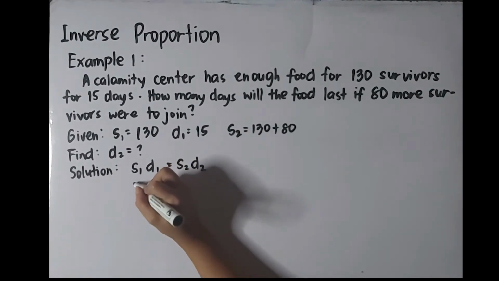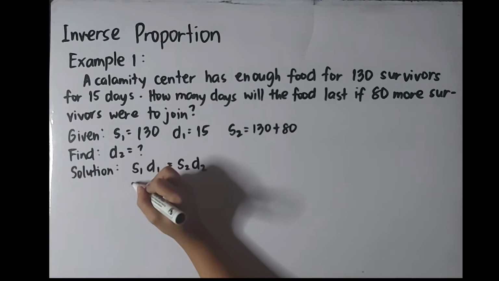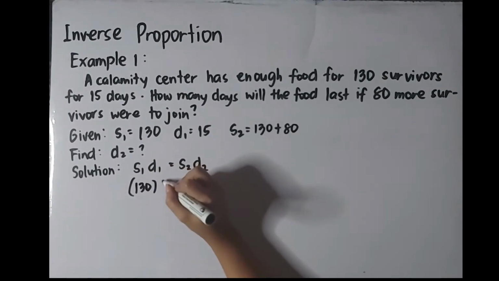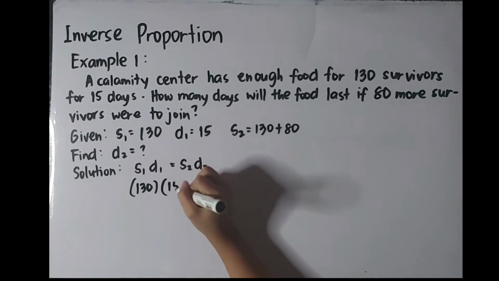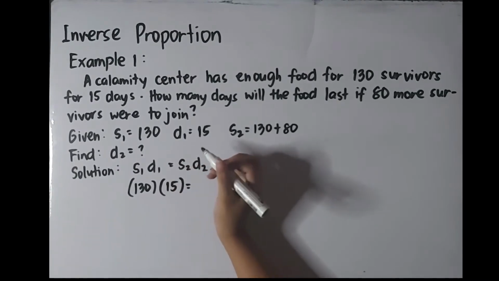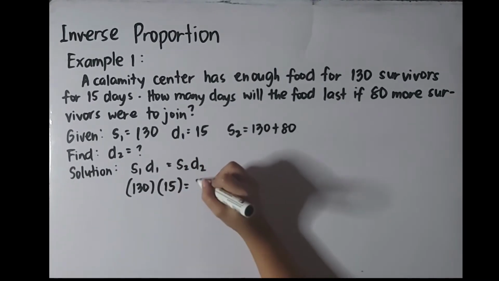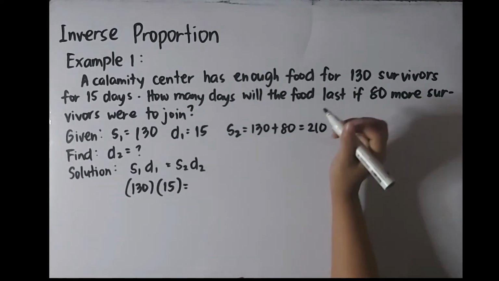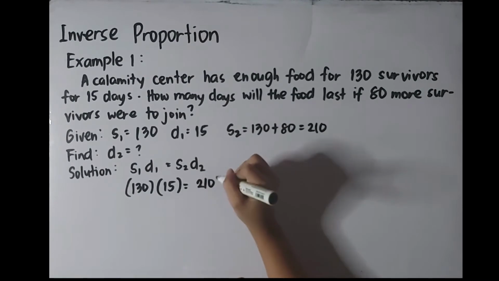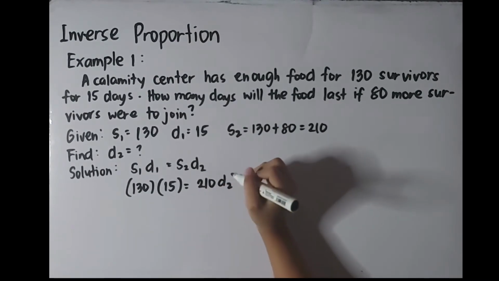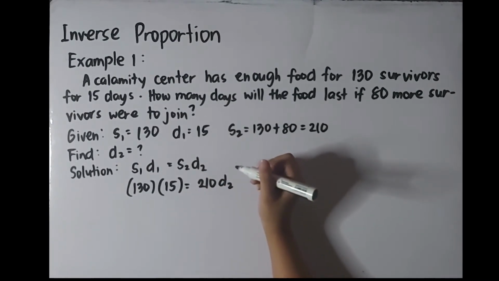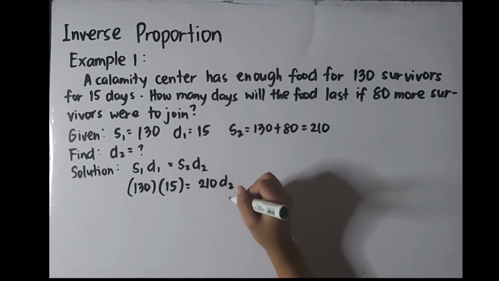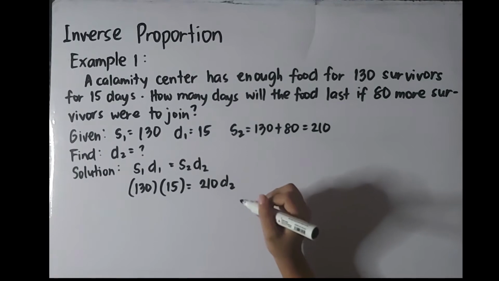So now, with this formula, let us substitute our S1. We have 130 survivors multiplied by how many days? It is 15, D1. For our S2, we have 130 plus 80, that is 210 survivors multiplied by D sub 2. Since this is a variable, you can just simply write it like this.